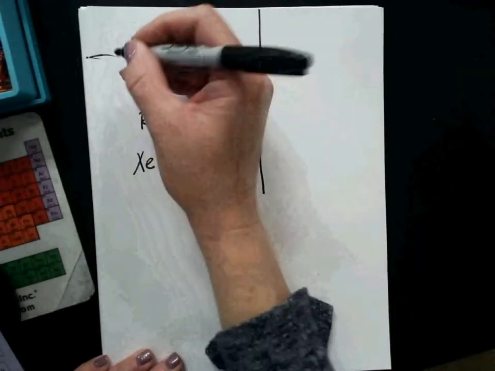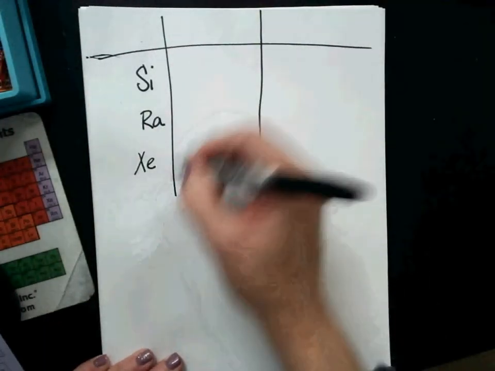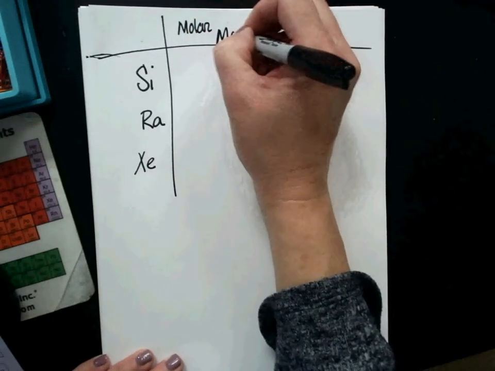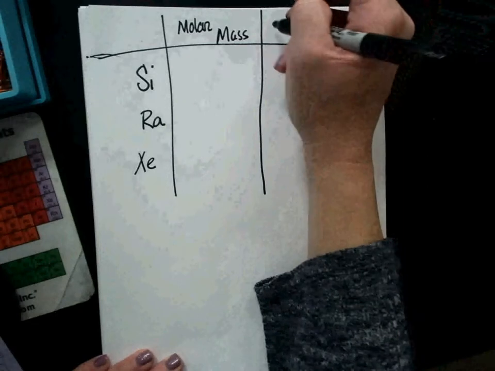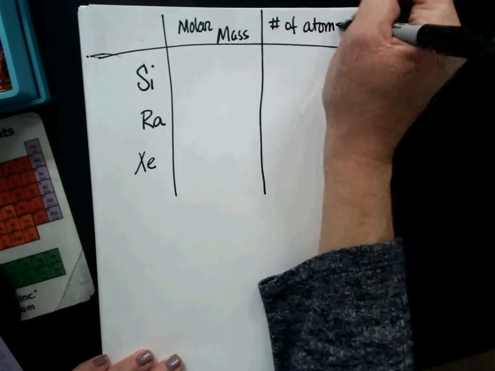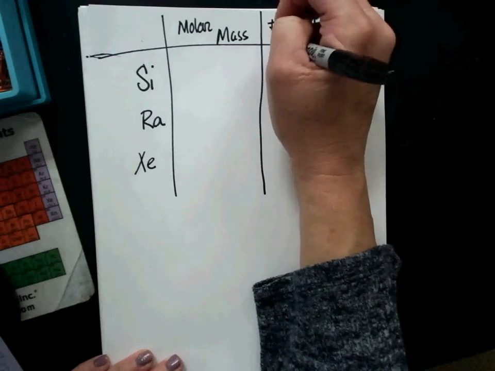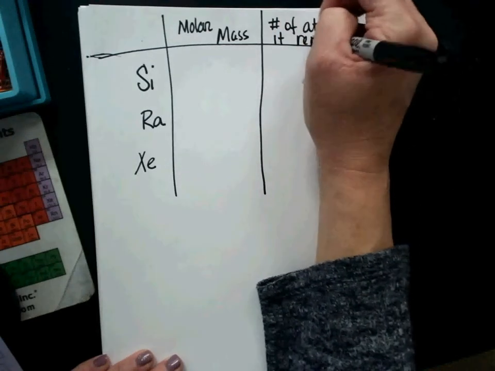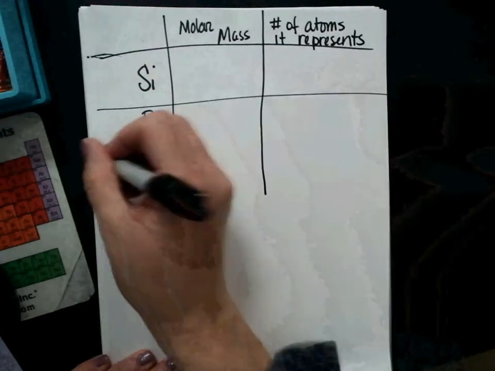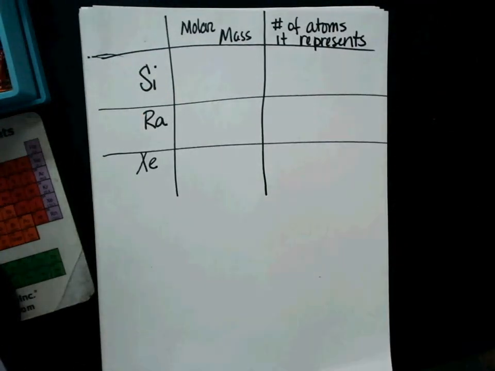I want you to give me the molar mass, and I want you to give me the number of atoms it represents for each of those 3. See if you can do that. Yes? Oh, sure. Hold on, guys. I'll flip back for a minute.